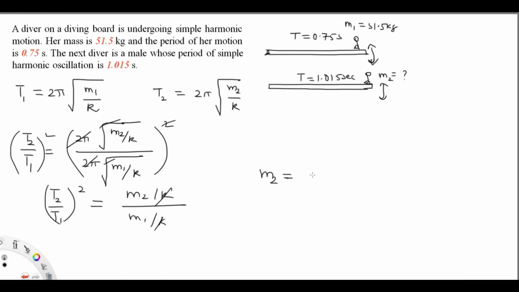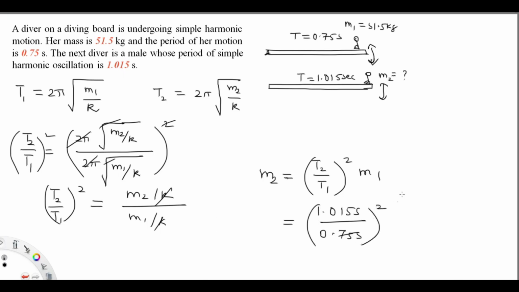So that will give us m2 equals T2 over T1 squared times m1. So T2 is 1.015 second, T1 is 0.75 second, that's squared, and the mass of the first person is 51.5 kilogram. Okay, and do the math, you will get the mass of the second person. So let's look at another question.